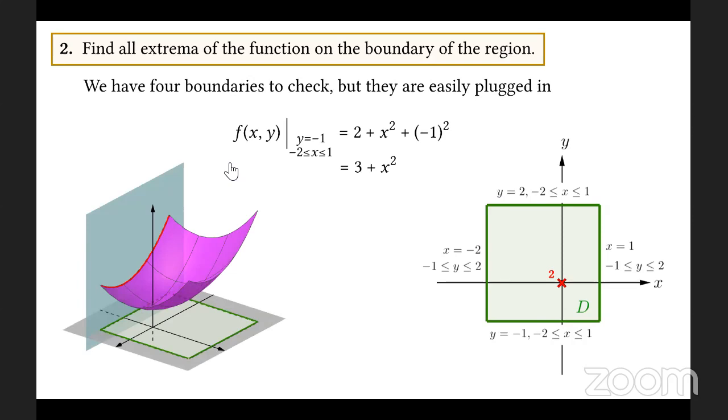So first, I'm going to do y equals -1. y equals -1 is this boundary right here. If I plug in y equals -1 and I require that x is between -2 and 1, I get 3x squared. And you can see how the curve is traced out here. There's the curve there.